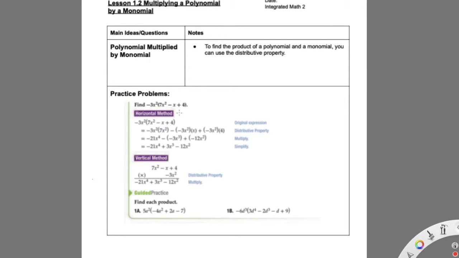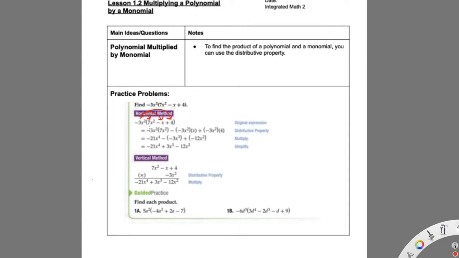So we have the horizontal method, meaning from left to right. This is what the distributive property is talking about. We're taking this negative 3x squared and distributing it, or multiplying it, by each piece inside the parentheses. We can see that happening down here.